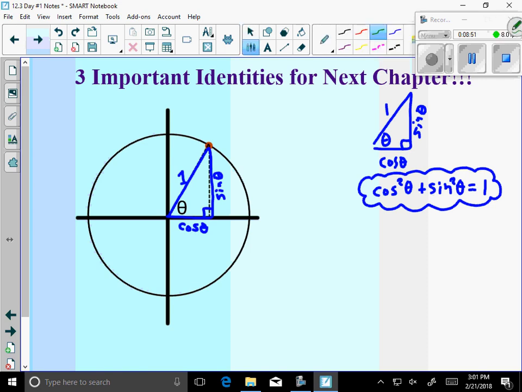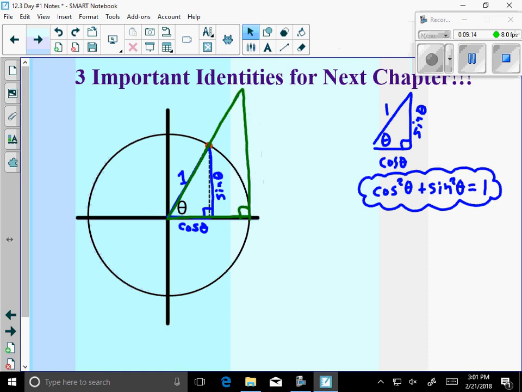Okay, let's look at another triangle. How about this one? Okay, this is going to be kind of weird, and it might seem kind of weird, but I'm going to drag that thing out.